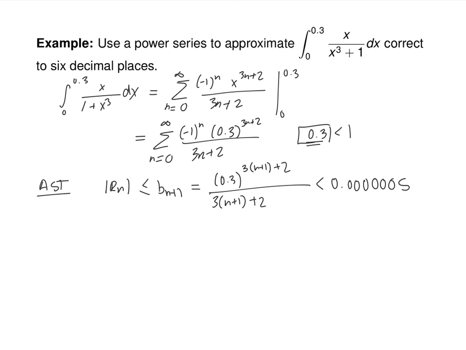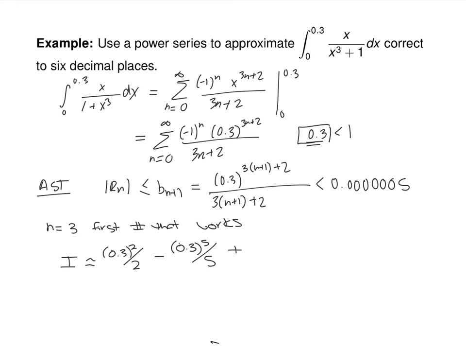And it turns out that when you plug in various numbers, n equals 3 is the first number that works. So your integral I will be about equal to, so first we plug in 0, that's going to be 0.3 to the second over 2. Then we plug in 1, we'll have 0.3 to the 5th over 5.